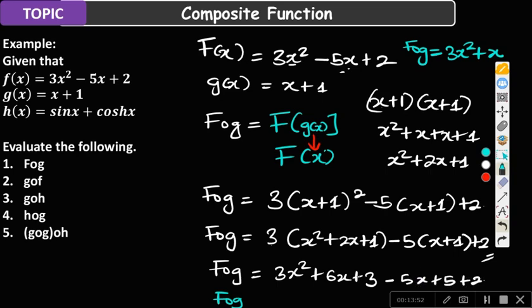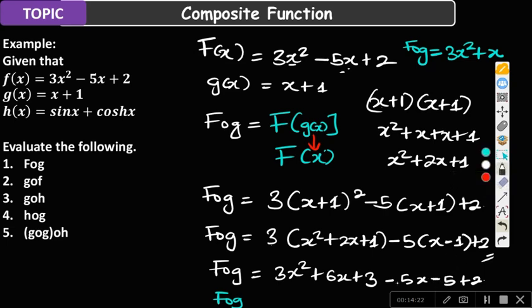Then 3 plus 5 will give us 8, plus 2 will give us 10. But that will not work. Do you know why? Because this minus 5 is supposed to open through everything here. So here is supposed to be minus 5 and not plus 5. Are you getting it now? So please correct that.